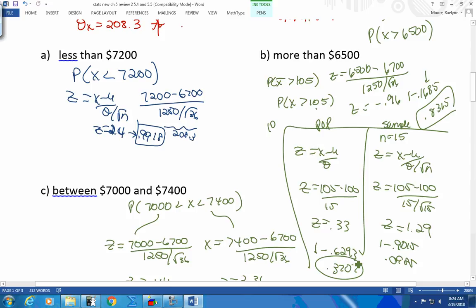Bigger area, bigger probability, bigger percent. My population. Don't base it on your z-score. If it was less than, yeah, then it's the one with my greater z-score. But it was greater than. So don't fall into that trap. The rest, I think, we're okay on that.